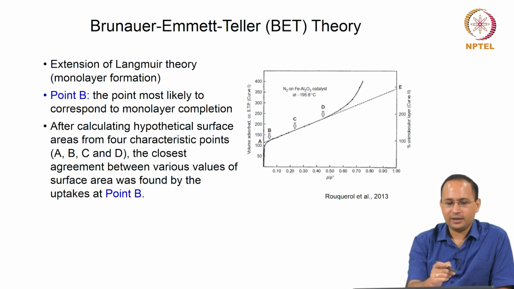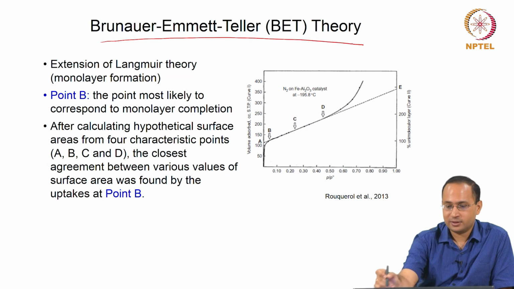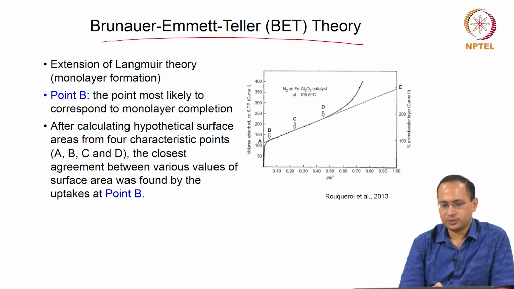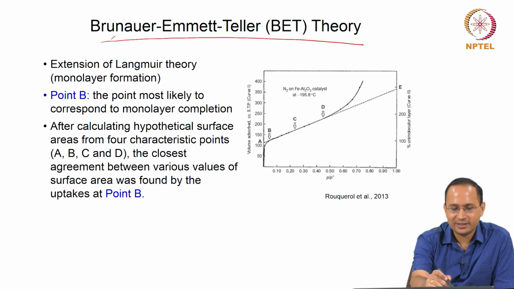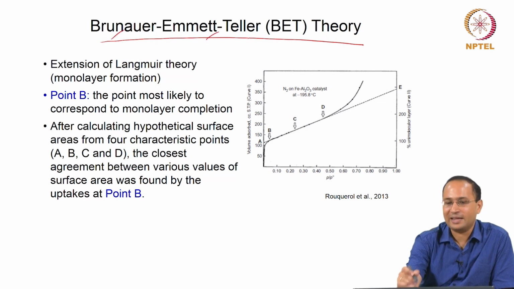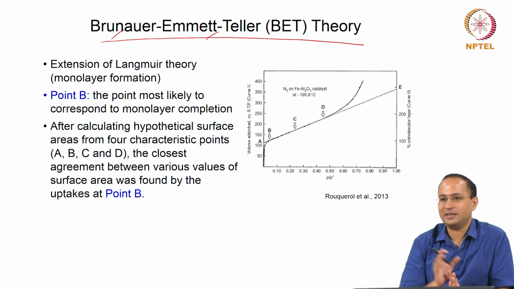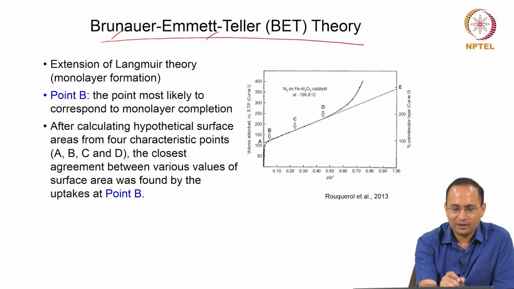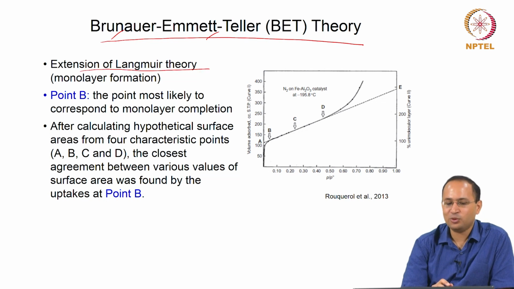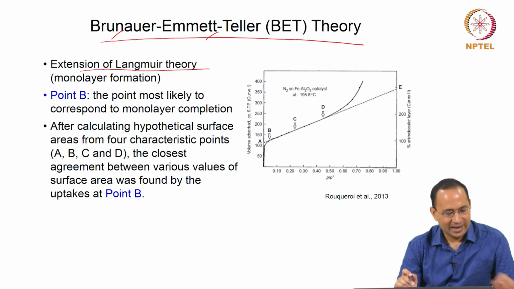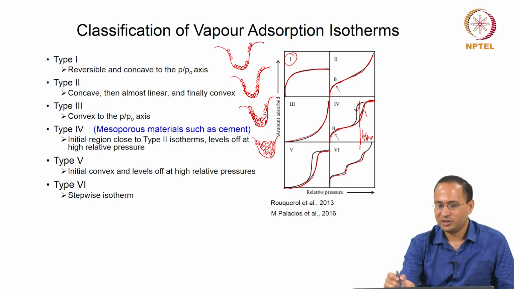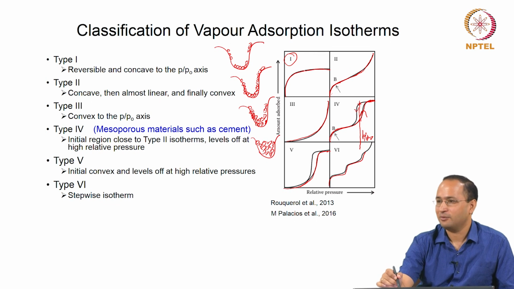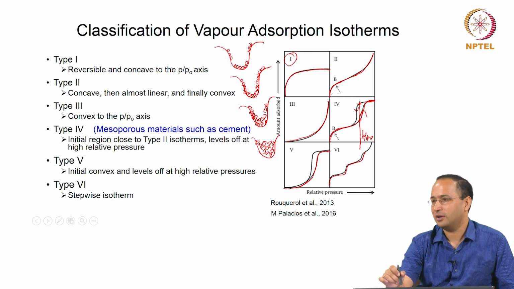Commonly, the most famous technique in gas adsorption is BET theory, given by 3 scientists, Brunauer, Emmett and Teller. These are the names of 3 people; combine them, BET, you might have heard. So, BET theory, what is it? It is an extension of Langmuir theory. The type 1 isotherm can also be called the Langmuir isotherm.